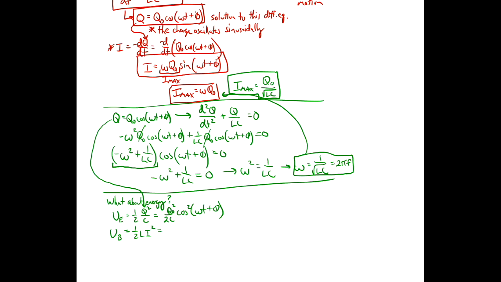And for B, let's see, we have an equation for the current. So we're going to take the current equation and plug it in right there, which is going to give me, let's see, L over 2 times omega squared times Q naught squared times sine squared of omega t plus phi.